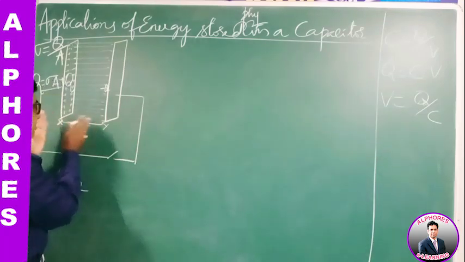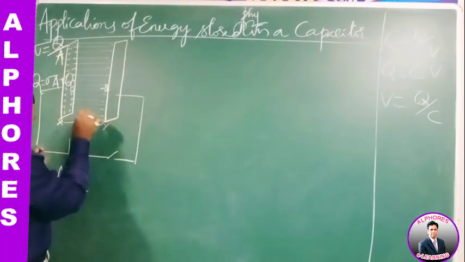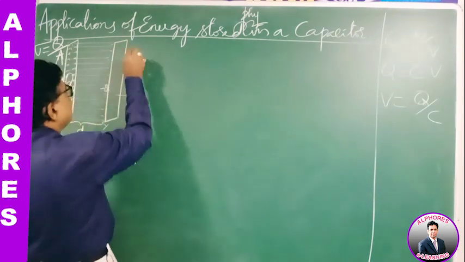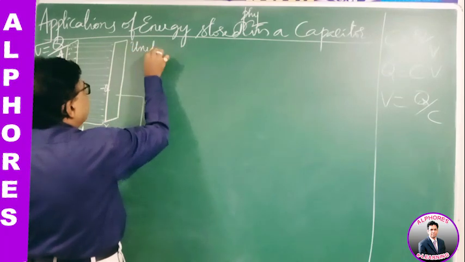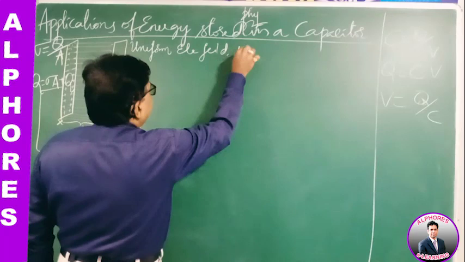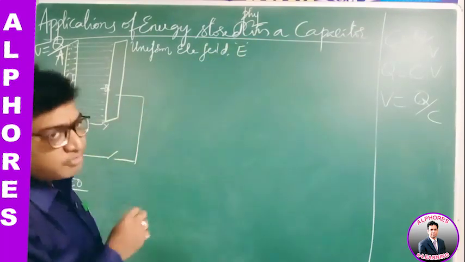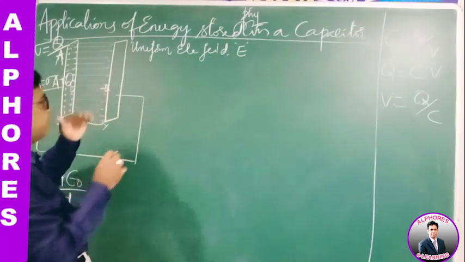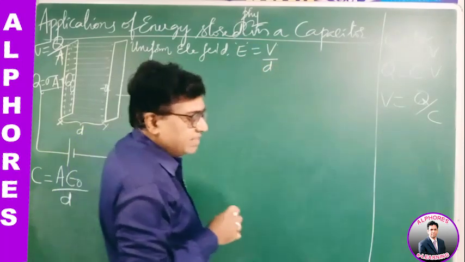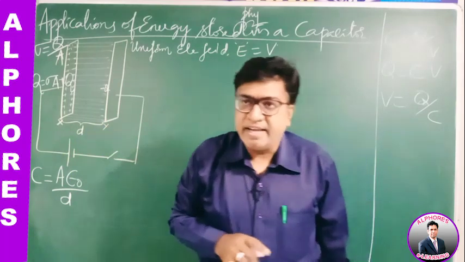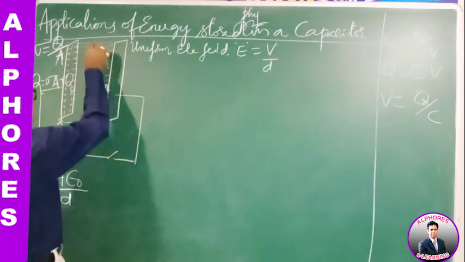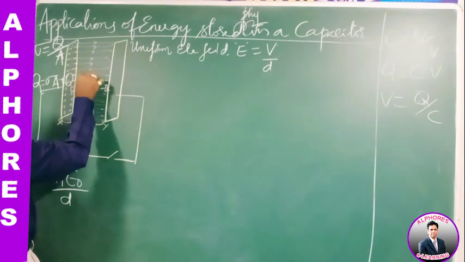If the distance between the plates is D, a uniform electric field is formed between the plates of the capacitor. What is a uniform electric field? If the potential difference between the plates is V, then the uniform electric field is E equal to V by D, directed from the positive plate to the negative plate, like this.